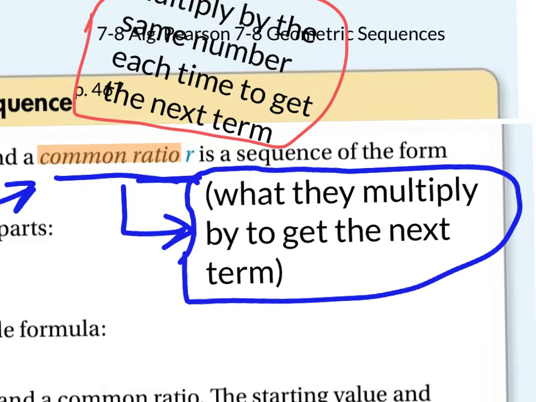A common ratio bigger than 1 means the numbers get bigger. If the common ratio is less than 1, then our numbers will get smaller. So we're not going to have a separate thing where we talk about growth and decay here. We're just going to use the same formula, and whether it's bigger than 1 or less than 1, we'll call it a common ratio either way.